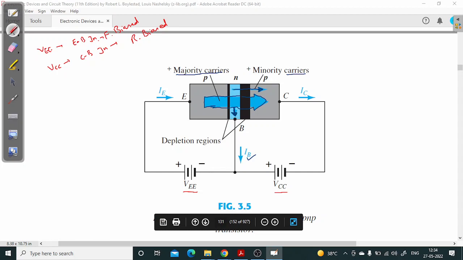Look at this arrow at the top side, this arrow coming from base towards collector. We had only these two currents now. One was this because of minority charge carriers, and one was this because of majority charge carriers.